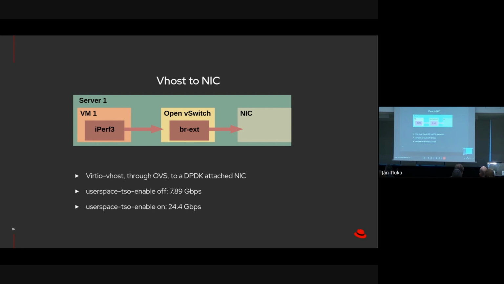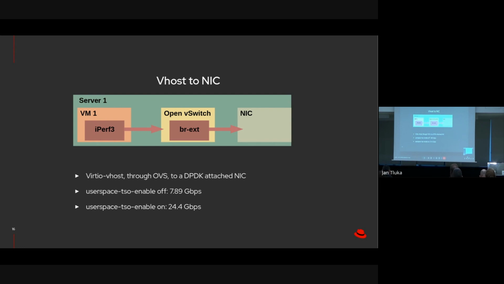The next scenario shows sending data from a VM through a vhost-net interface and to a DPDK attached network interface. It is very similar to the previous example, except the container has been replaced with a virtual machine.